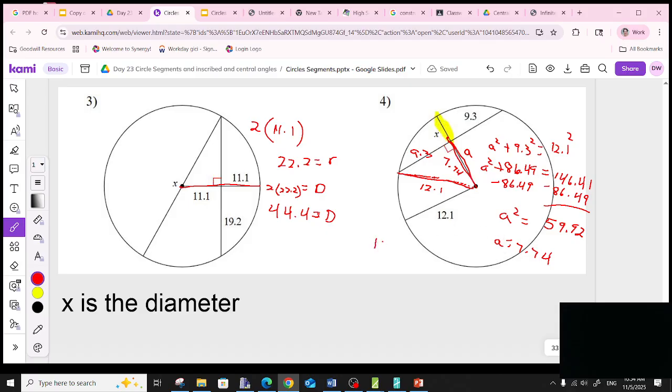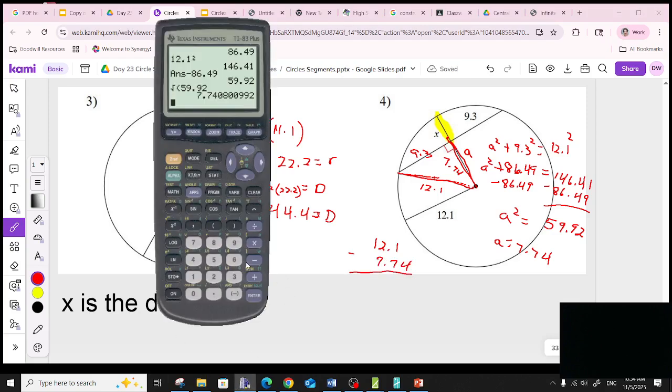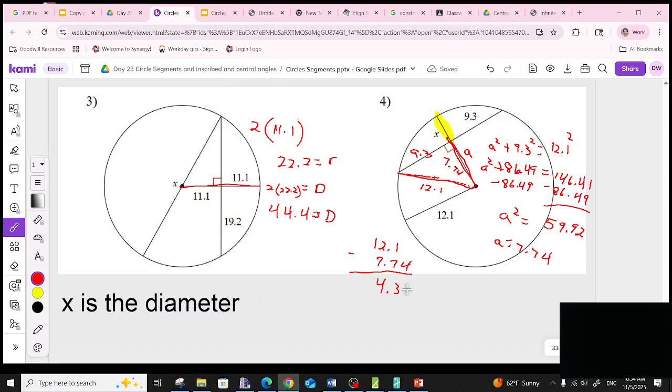Yes, I have to subtract from 12.1. So it'd be 4.36.